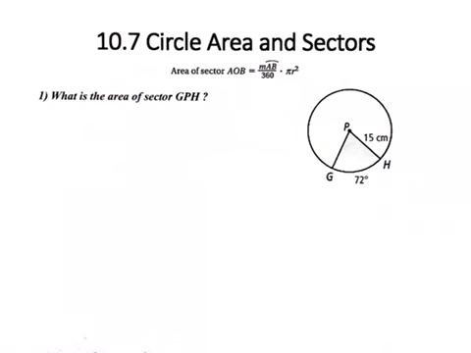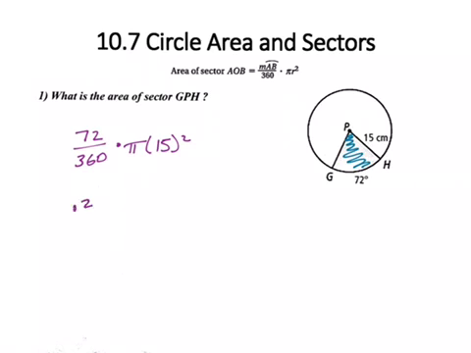So what is the area of sector GPH? Well, GPH is this section here. So we're going to find the area of this sector. Well, that means we're taking arc measure, so 72, over 360 times area of the circle, which would be pi times 15 squared. So we can simplify 72 over 360.